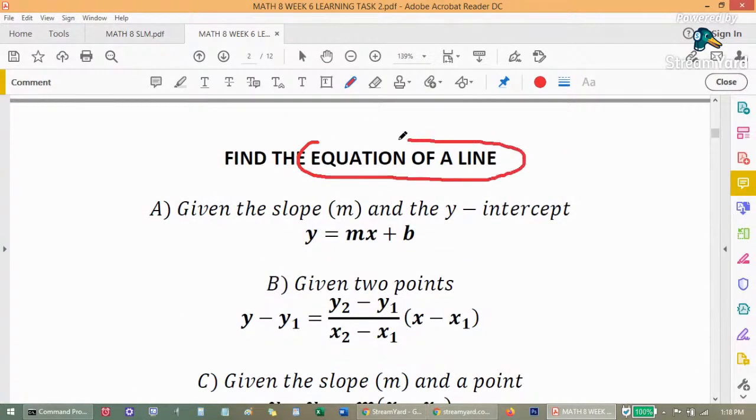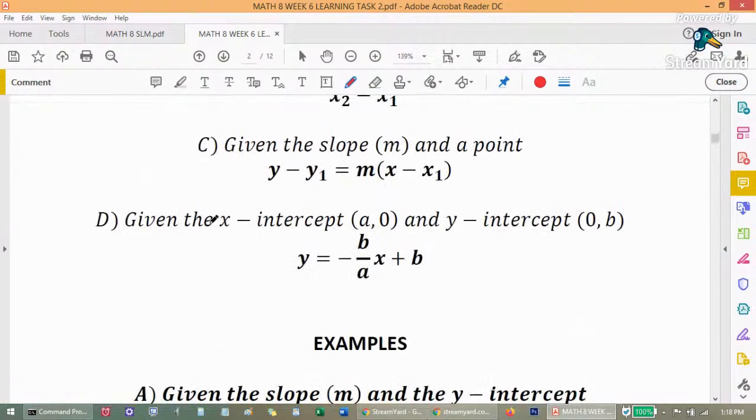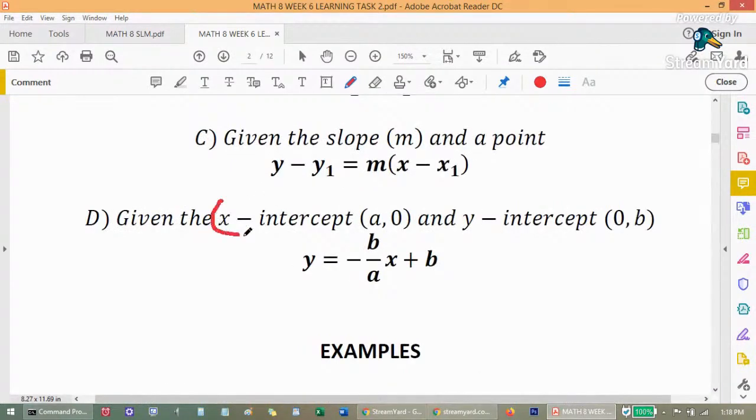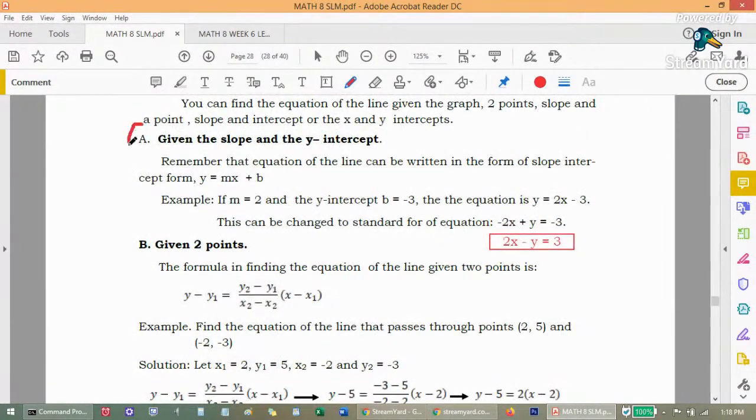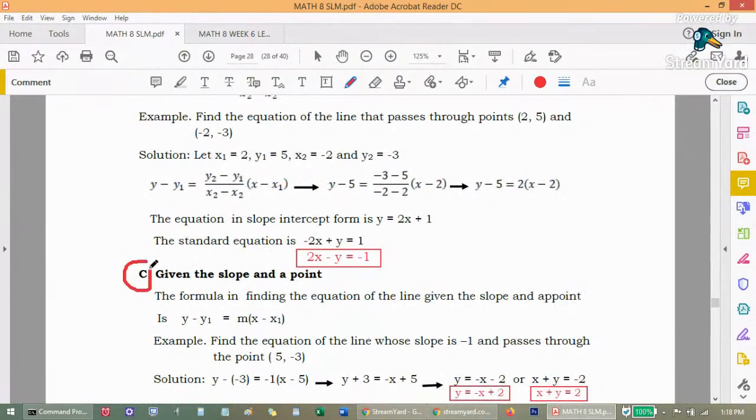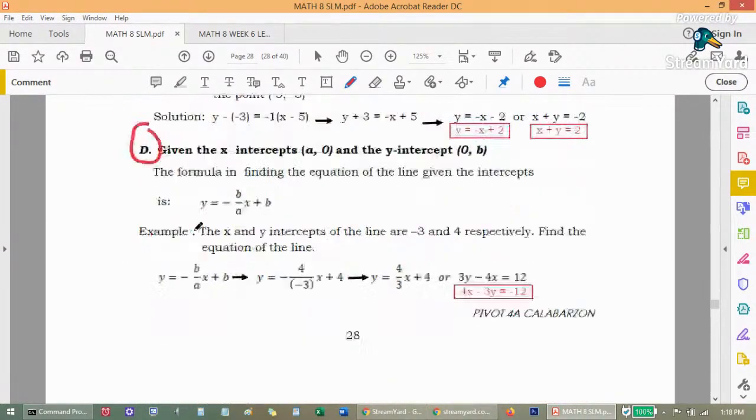And ano ang equation of a line pag binigyan tayo ng x-intercept at y-intercept? Okay? So, dito sa module natin, letter A, letter B, letter C, letter D.